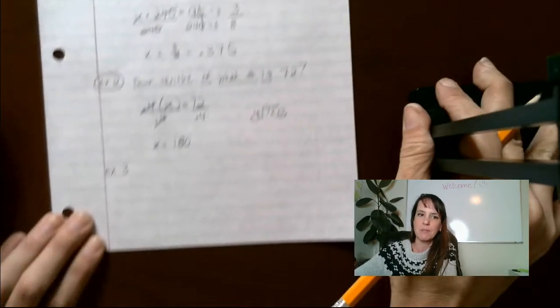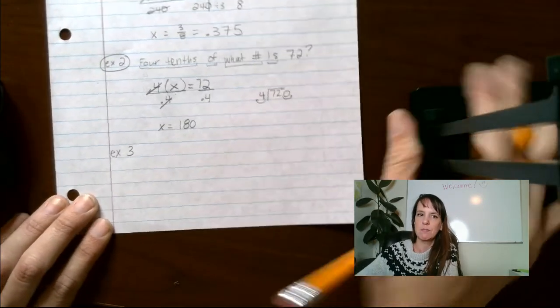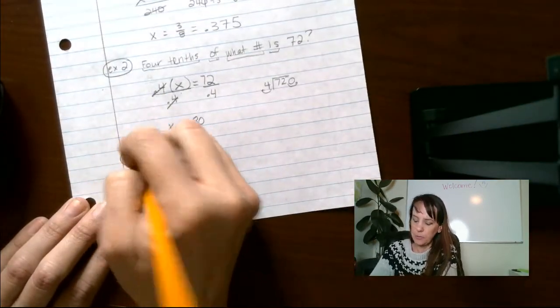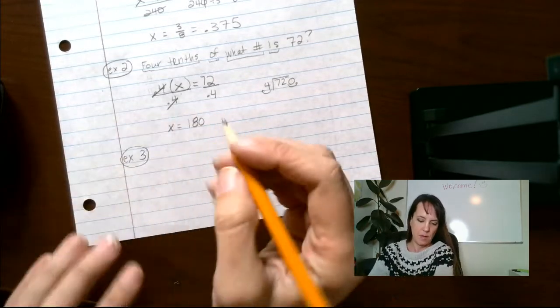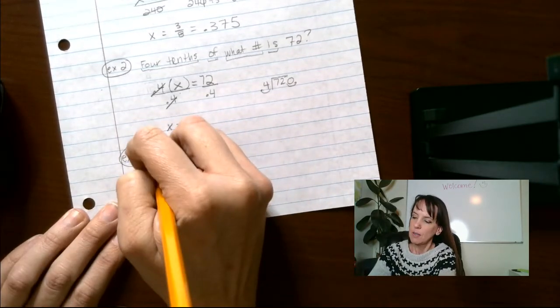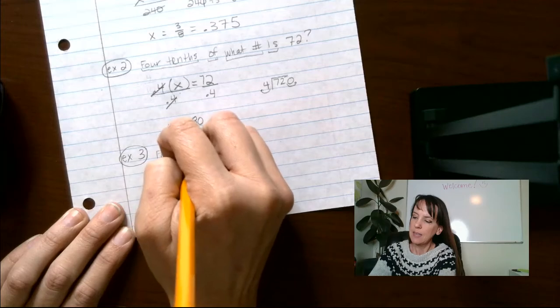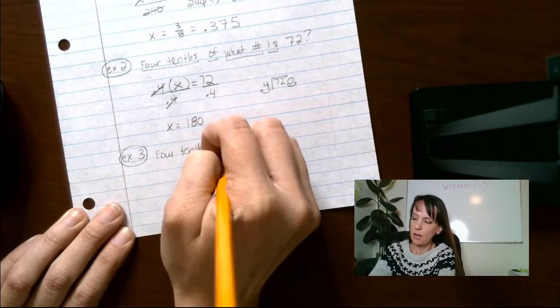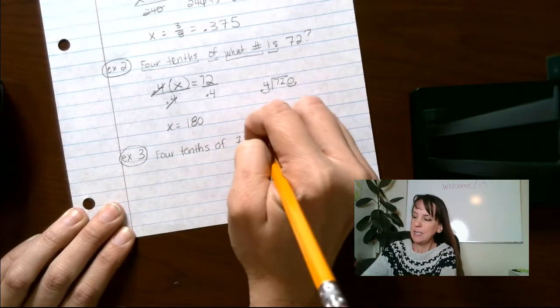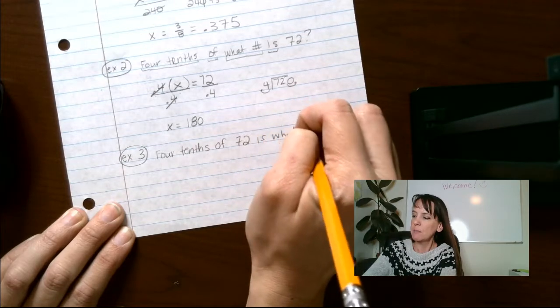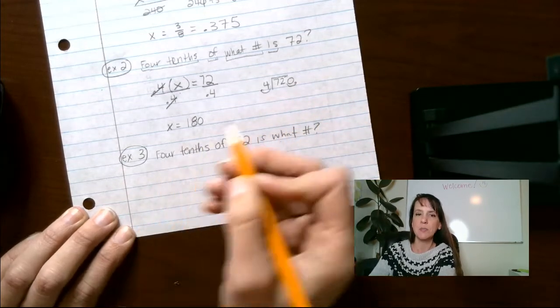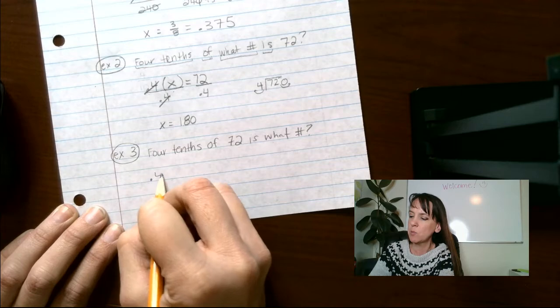Let's look at example number 3. Example 3 says 4 tenths of 72 is what number? 4 tenths. We can write that as a decimal as 0.4.